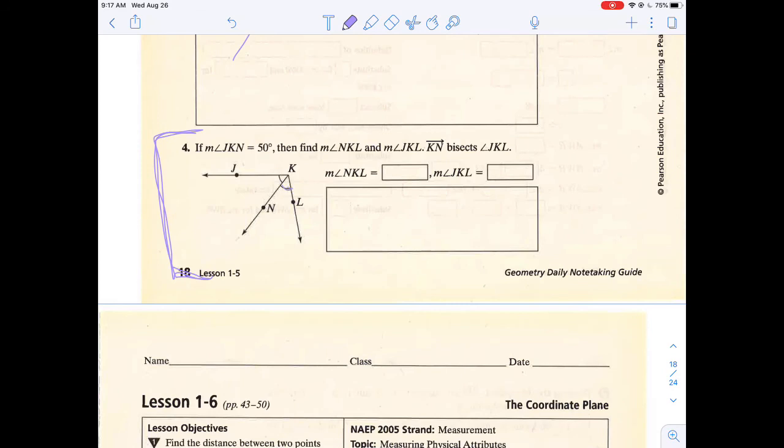So you're looking for this one. They told you this one was 50. And we need to find JKL as well. So you also have to find this whole angle. Okay. It says KN bisects JKL, so think about what that word means, and then you'll be able to find both of those angles.